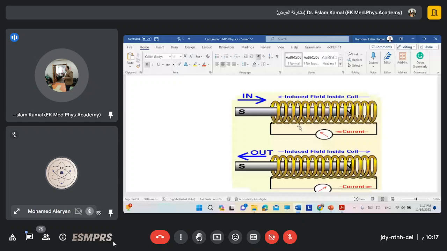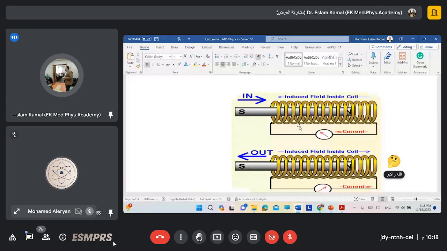So you cannot differentiate exactly between the electric signal induced by the protons and the electric signal induced by the external magnetic field. So you have to get an idea about how to differentiate between the electric signal that comes from the protons and the electric signal that comes from the machine itself.